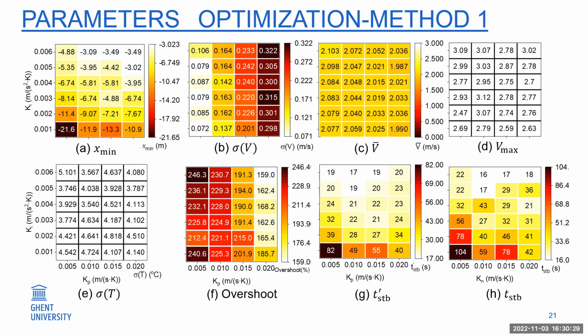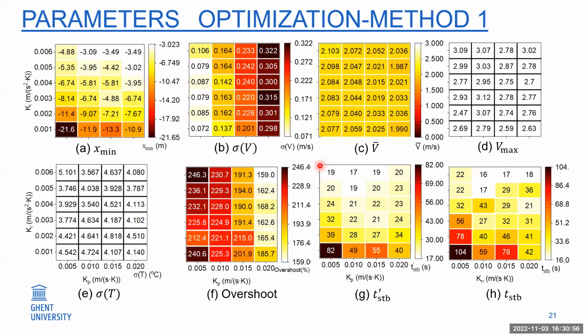You can see that as KP and KI increase, the X minimum will increase, but we cannot increase KI and KP too much, because as in automatic control theory, if KP, KI and KD are too high, then the system cannot be stable.